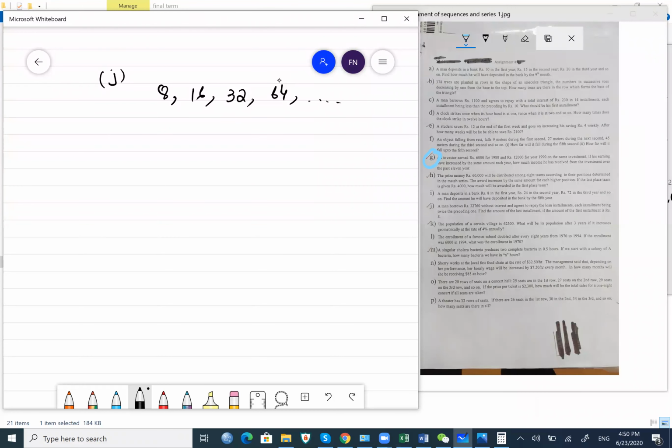It says that each installment doubles, being twice the preceding one.